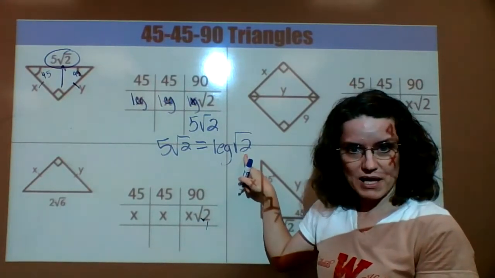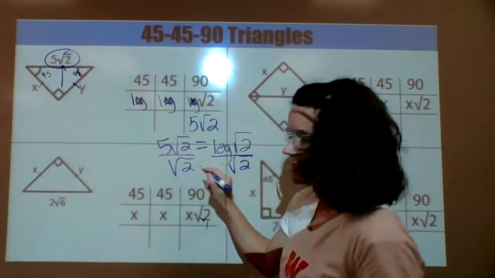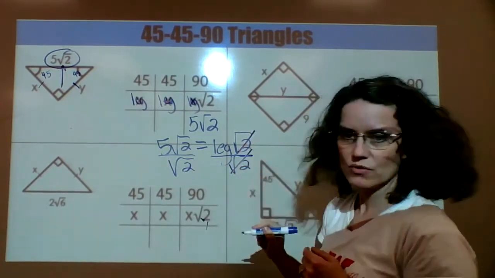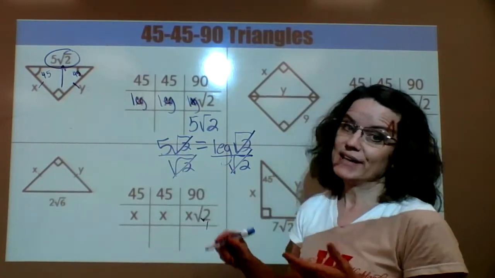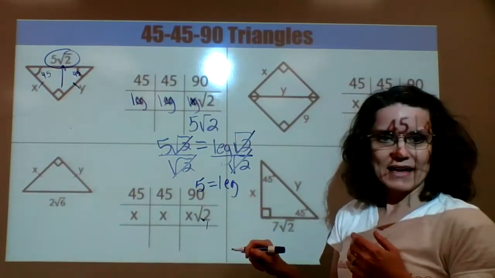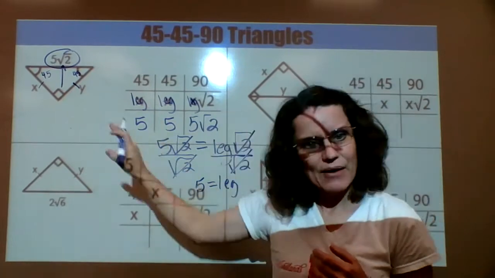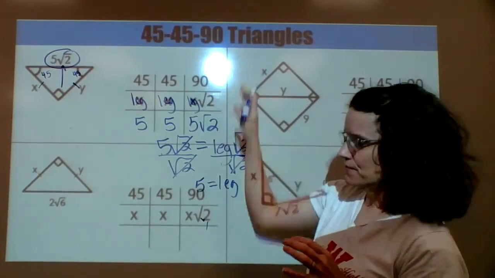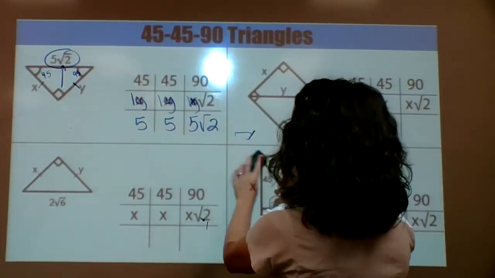To get rid of a multiplication, we divide. So I'm going to divide off that root 2 and divide off that root 2. The square root of 2 divided by the square root of 2 cancels out, and I'm left with 5 equals one of my legs. So this leg could be 5, and this leg could be 5. And now I have all three sides of my triangle using the special 45-45 right triangle relationship that uses the square root of 2. Okay.